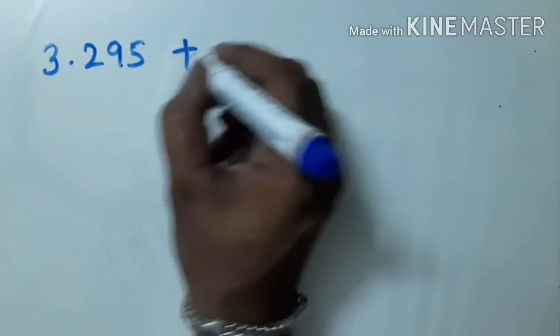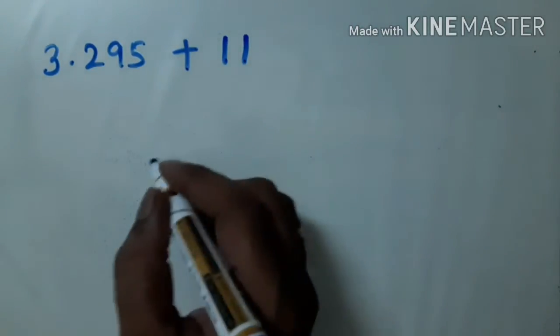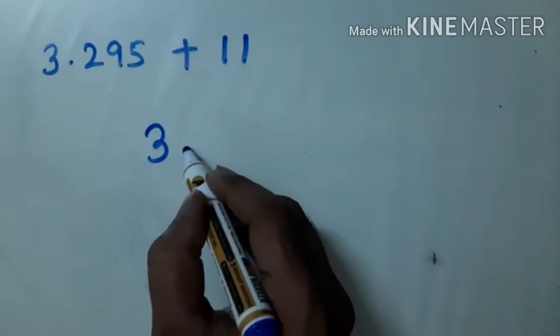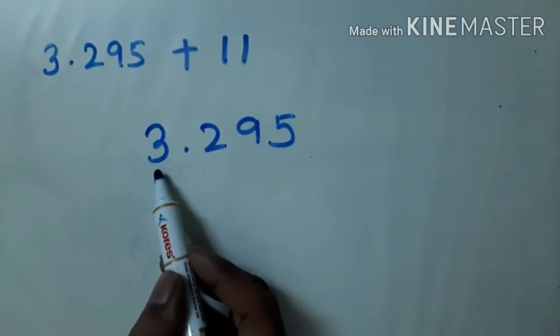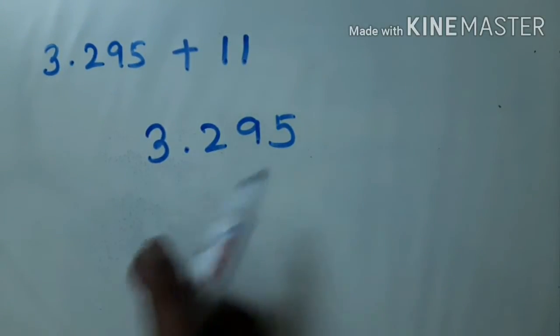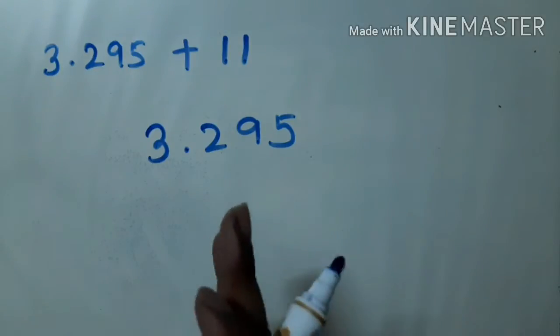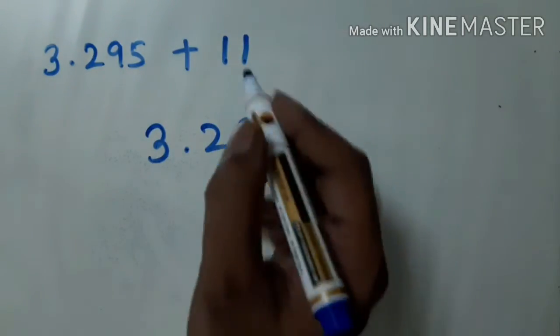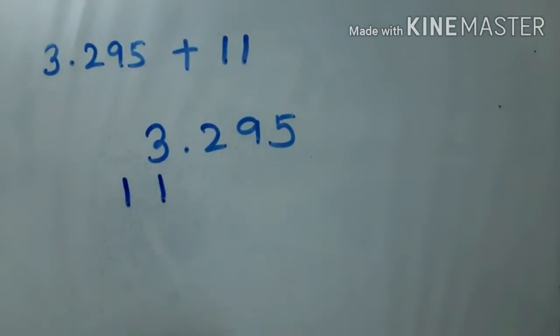Let's see one more example. Now 3.295 we will add with 11. So now we are doing it with whole numbers. The same way we will proceed. First we will write down 3.295. So 3 is the whole number part, 295 is the decimal part. See that we are writing it according to the place values only. Here 11 is the whole number, so it should be under the number part.